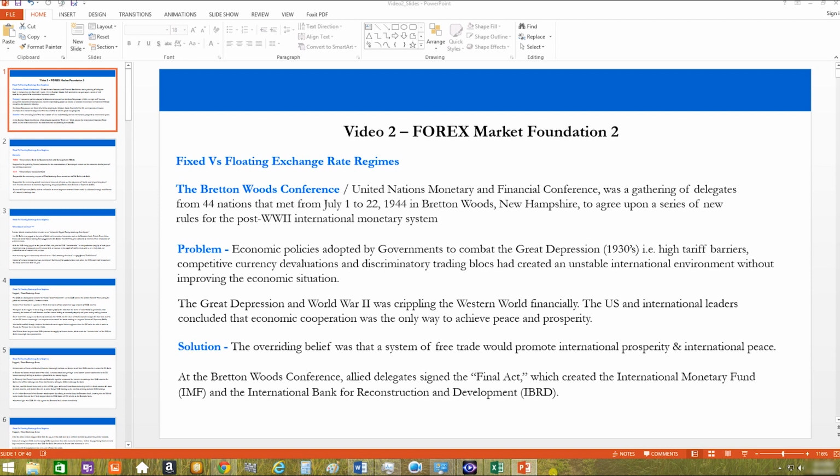So the way in which we've started defining our opportunity set is one of the reasons why we're starting to look at fixed versus floating exchange rate regimes, so we can really understand the underpinnings and get a good foundation of understanding as to what the differences are between these regimes and what the nuances are between these regimes. This will allow us to build out our opportunity set more with confidence and understanding.